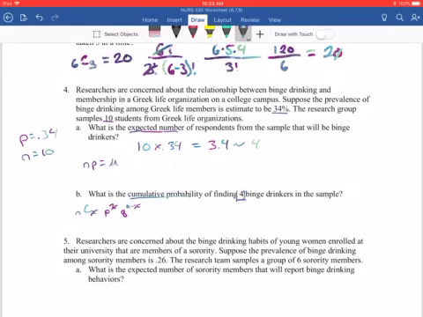So if we have 10 people, we have 10 C 4, right? X equals 4 here. Our probability is the same, so 0.34 to the x power, which is 4. And q, which is 1 minus p, so in this scenario it would be 0.66. 1 minus 0.34 is 0.66, to the n minus x, so 10 minus 4, the 6th power.